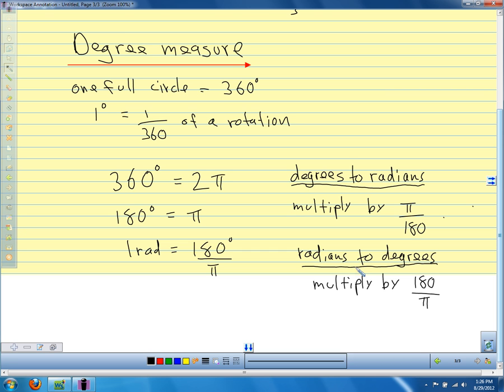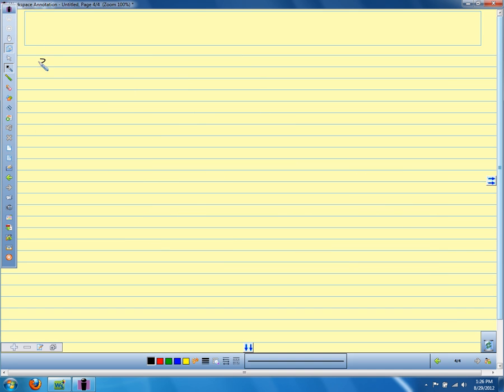So let's do a couple of examples of conversions. Any questions before we go on? So if we want to convert 120 degrees to radians, we just do 120 times pi over 180.